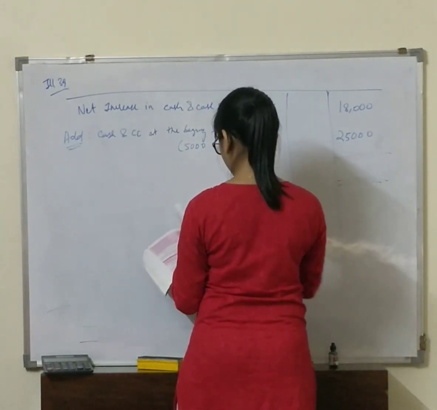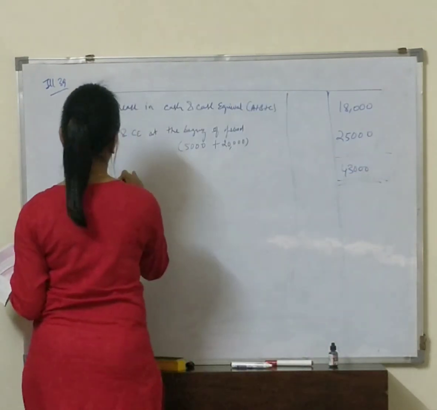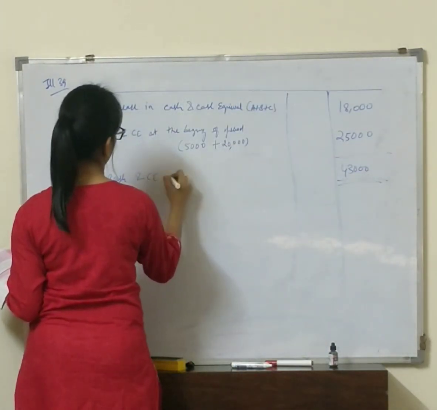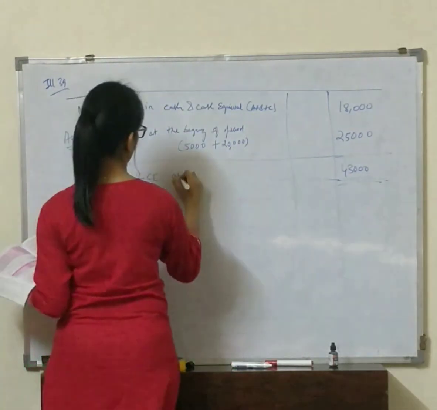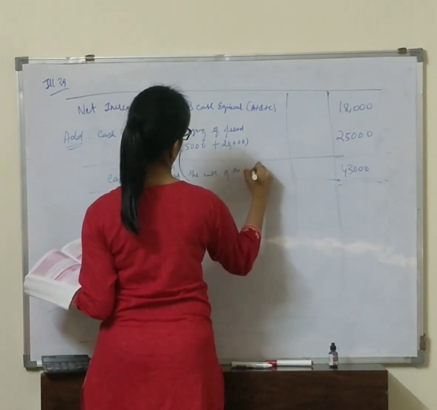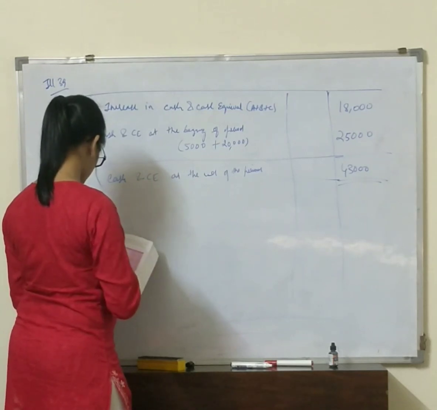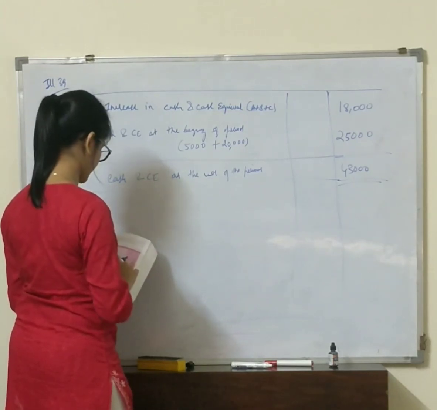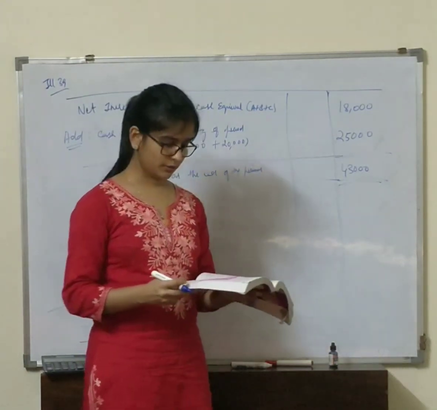Whatever answer we get will be our cash and cash equivalents at the end of the period. To tally your answer, take the closing balance of both cash and cash equivalent, that is 13,000 plus 30,000, you get 43,000.